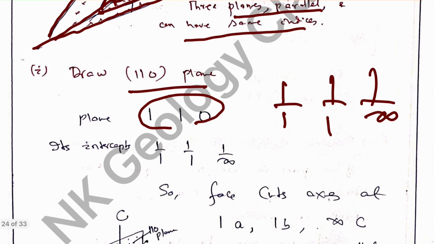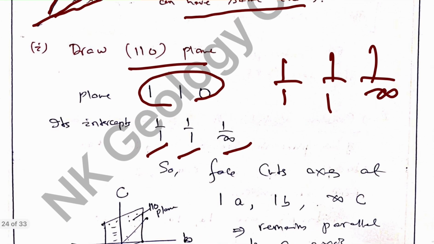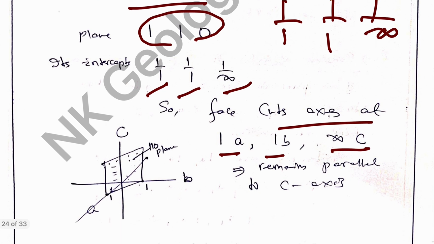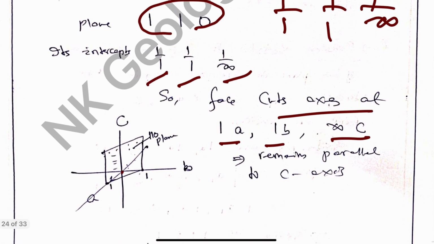So the intercepts are 1, 1 and infinity. The face cuts the axes at 1a, 1b and infinity c. This is the plane which cuts a and b and is parallel to c.